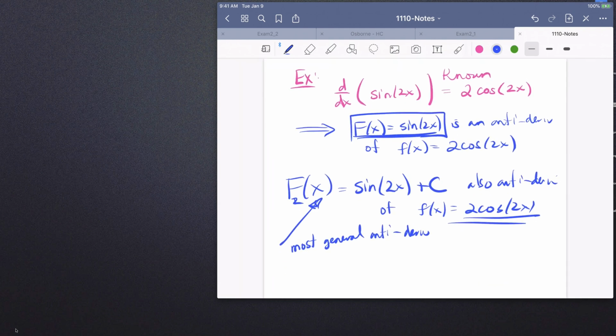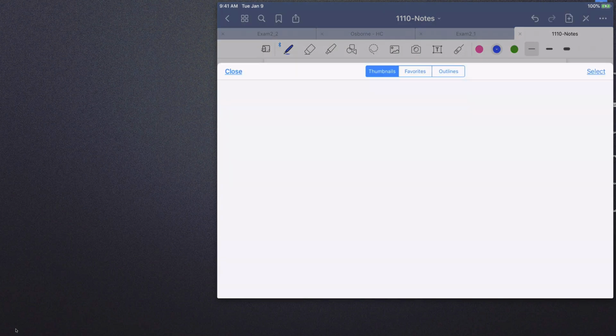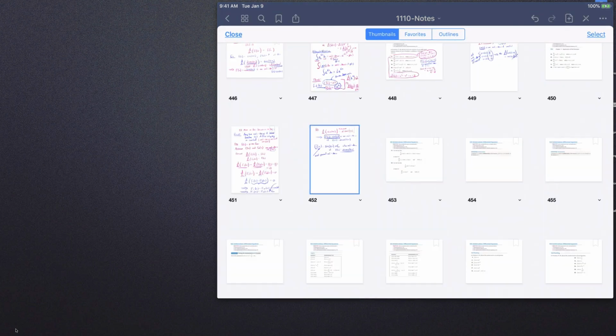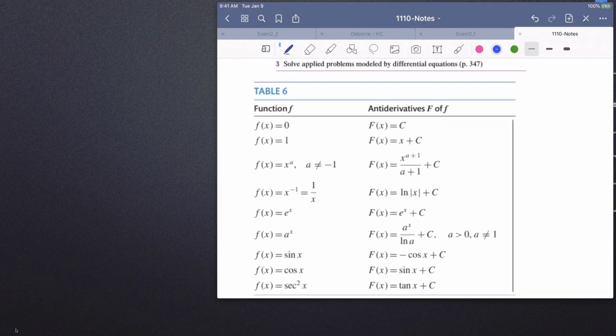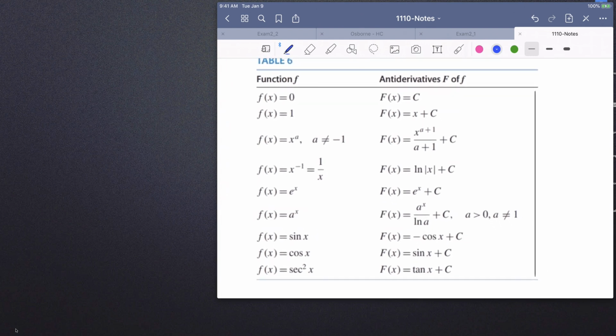Here are a series of antiderivatives that you should be familiar with. What we're seeing in this table are some functions and their antiderivatives. If you have a function equal to 0, the antiderivative will be any constant. If you have f of x equal to 1, then one of the antiderivatives is x, since the derivative of x is 1.